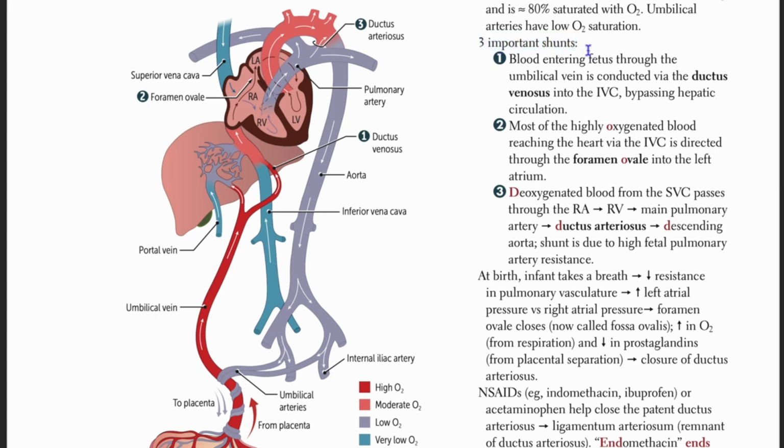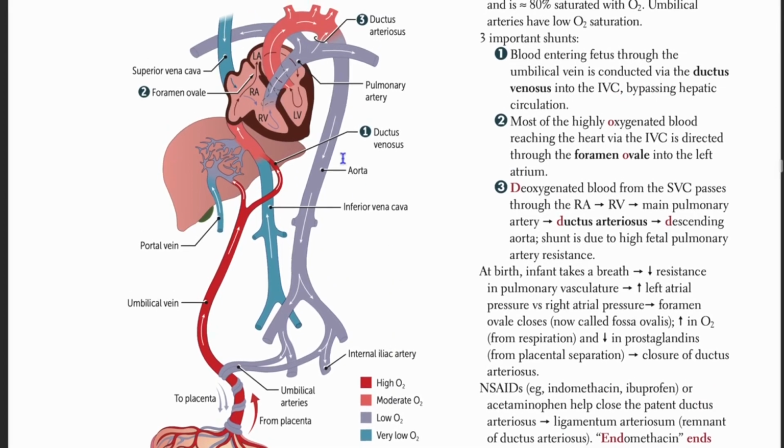Okay, three important shunts. First is the ductus venosus. So what's the importance of this? Blood entering the fetus through the umbilical vein is conducted via the ductus venosus into the IVC, bypassing the hepatic circulation.